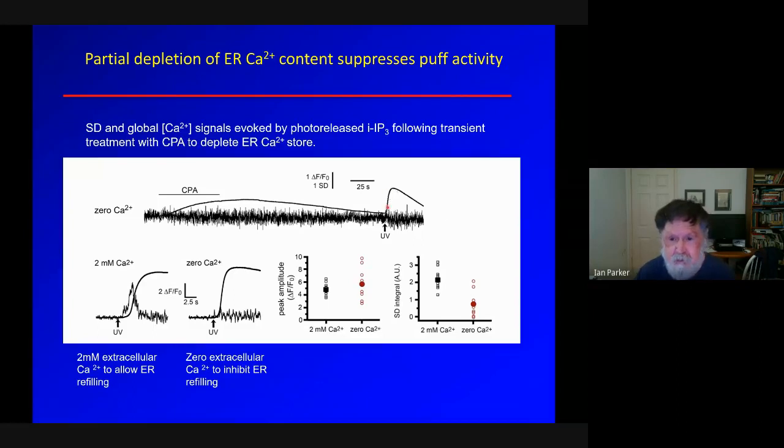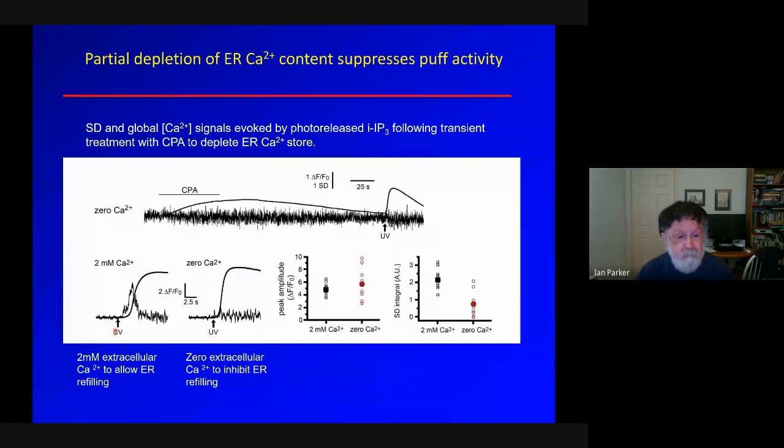And you can see this enlarged on this trace. In this case, we've kept our cell bathed in zero calcium, so the ER couldn't refill. Global response, but no puff activity. As a control, we repeated this exact same procedure, but now with calcium in the bath, so the cell had a chance to refill during this time.